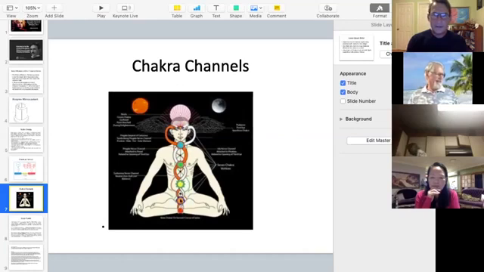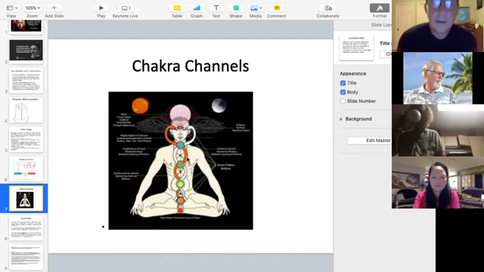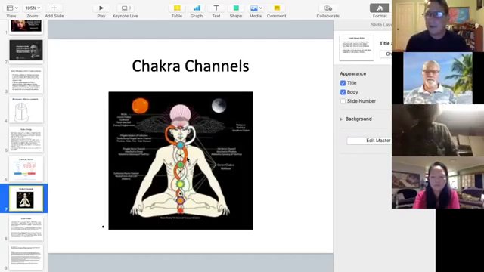You can see that these individual seven chakras are linked up with a type of channel that oscillates between each of the chakras. These are the chakra channels that connect the flow of energy in the different layers of consciousness.